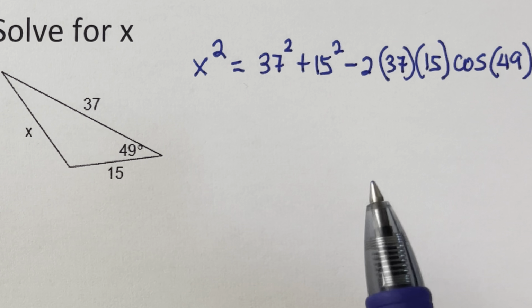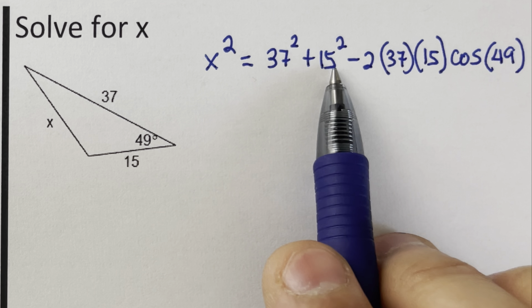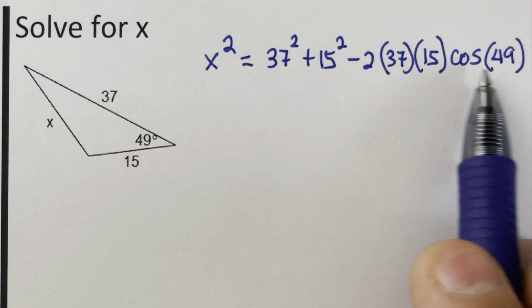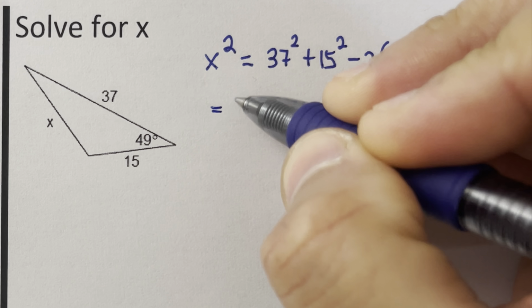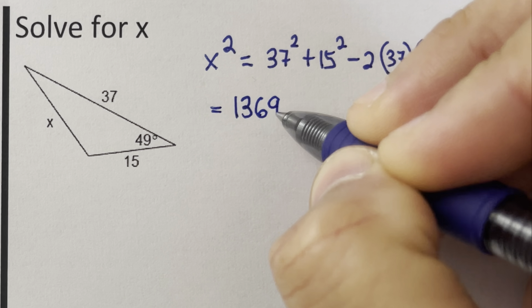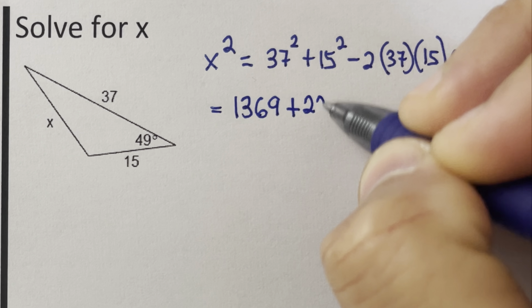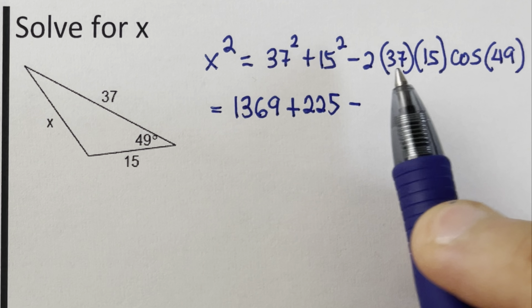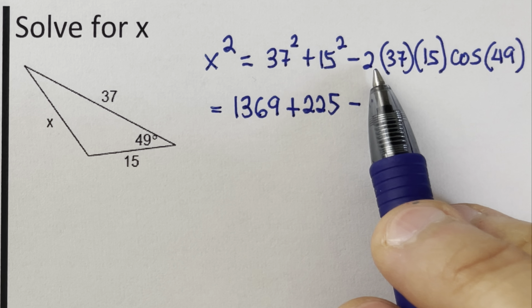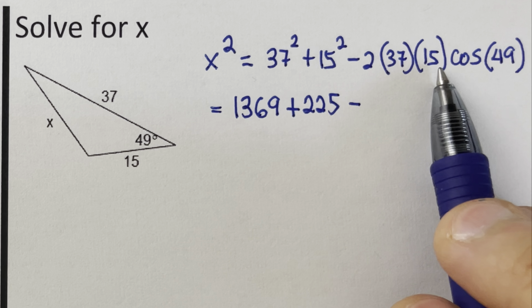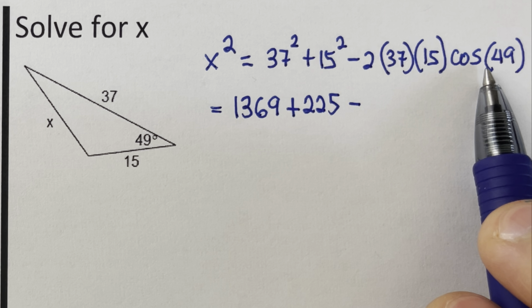So we can go ahead and simplify these two together as well as this one right here. This would come out, that's going to be 37 squared is 1,369 plus 225. And then when we multiply all these three together, so that would be 2 times 37 times 15 times cosine 49.